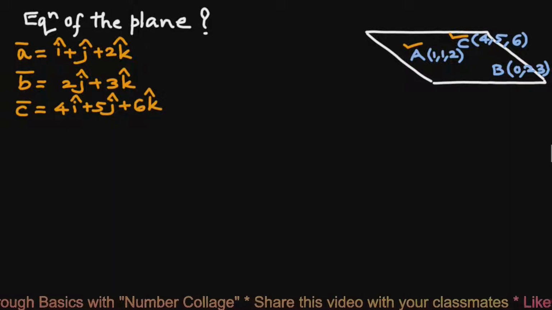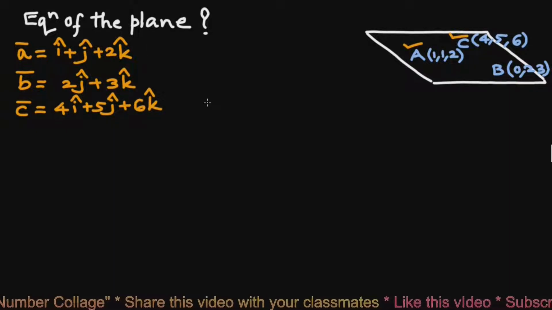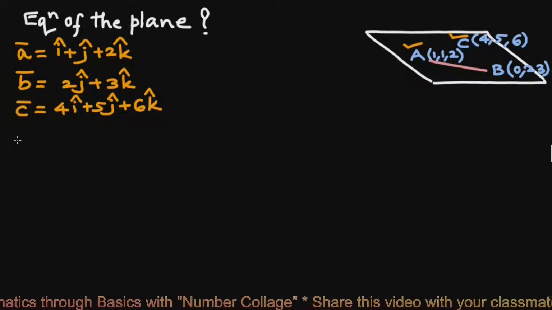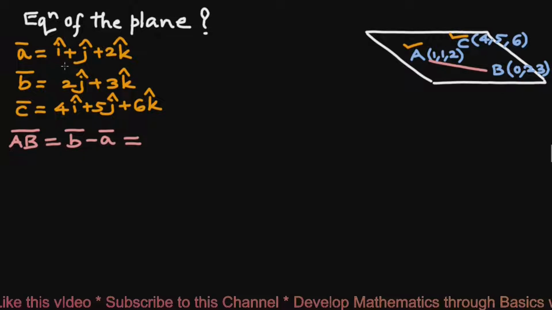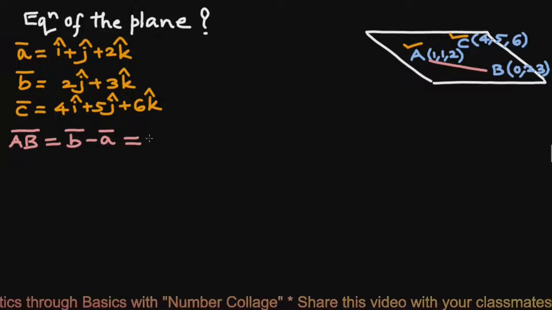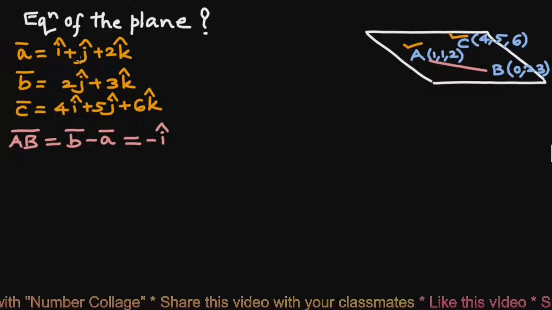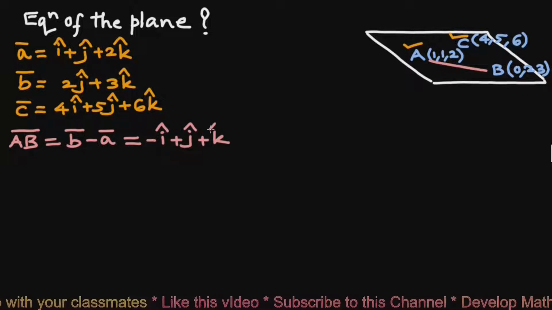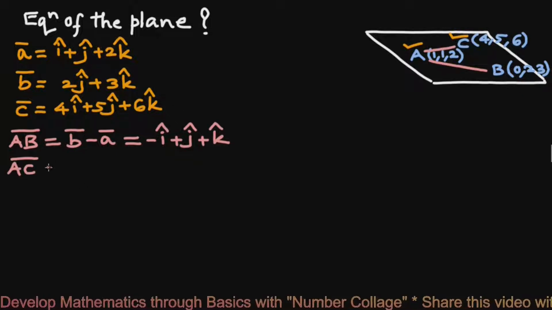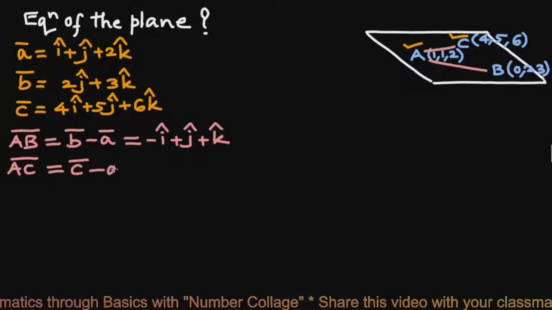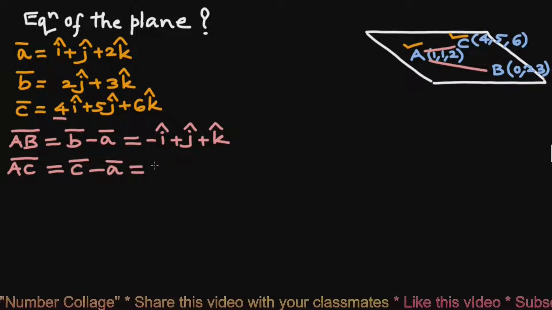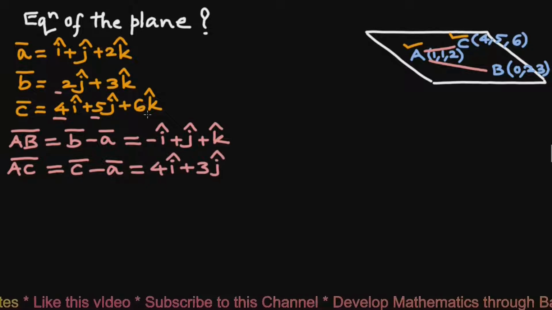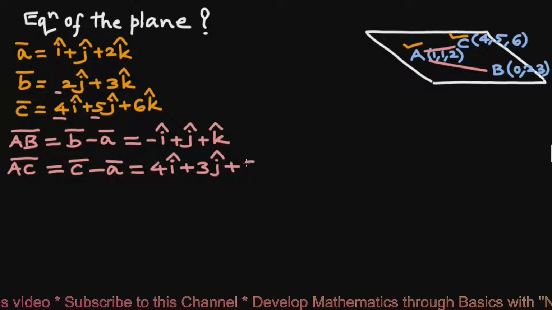First we will find a vector normal to this plane. So for that we will find AB bar, which is B bar minus A bar, that is (0 minus 1) minus i cap, (2 minus 1) plus j cap, (3 minus 2) plus k cap, and AC bar, that will be C bar minus A bar, which is (4 minus 0) 4 i cap, (5 minus 2) plus 3 j cap, (6 minus 3) plus 3 k cap.